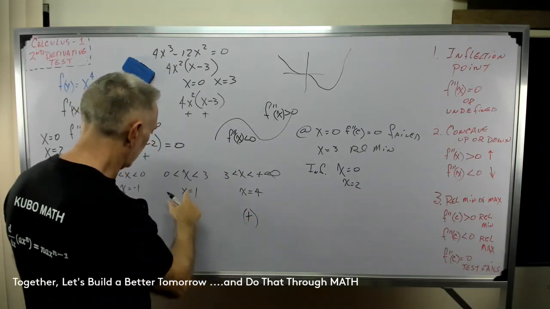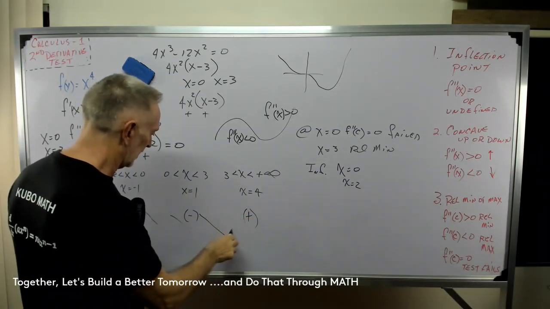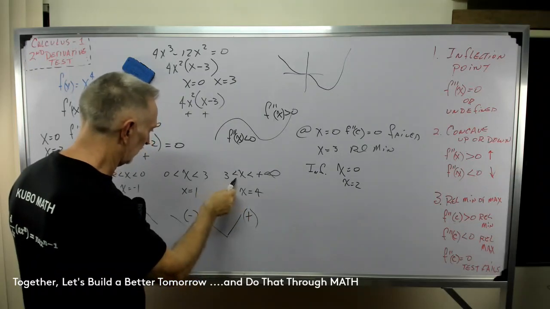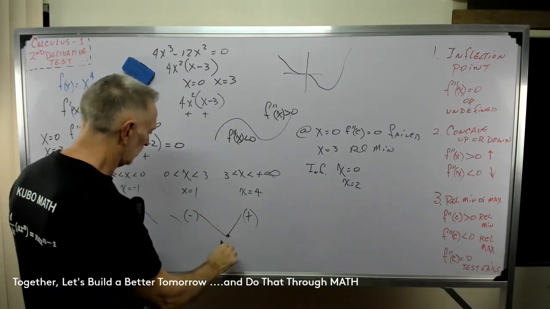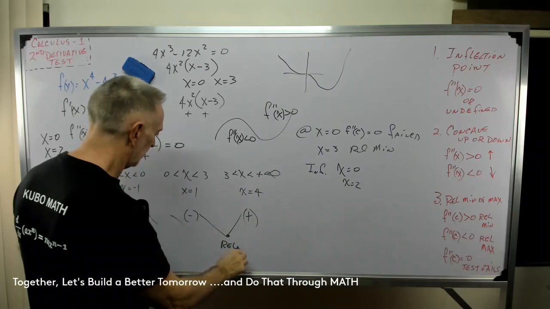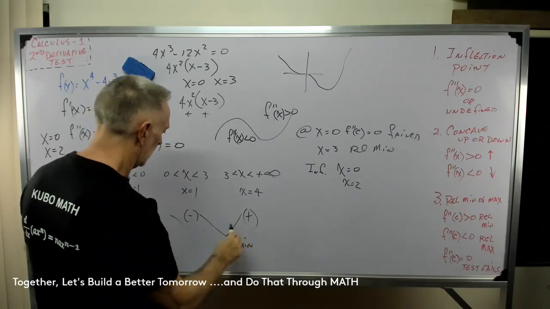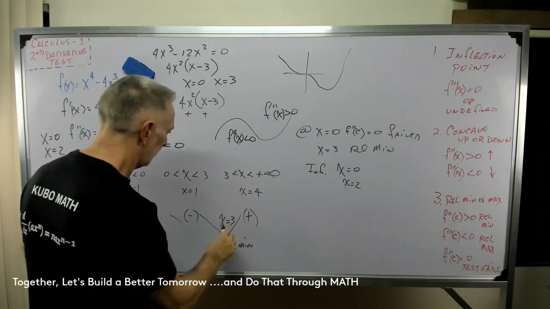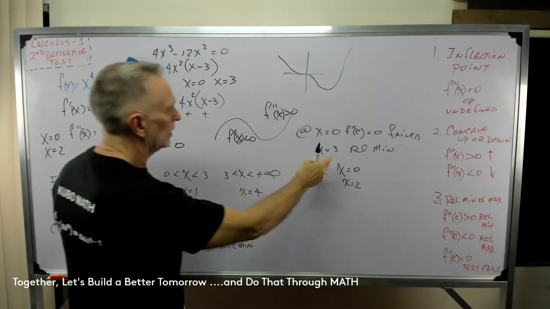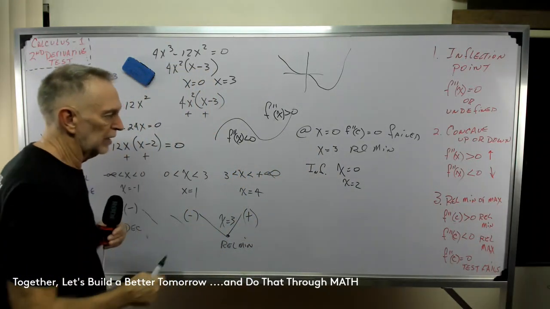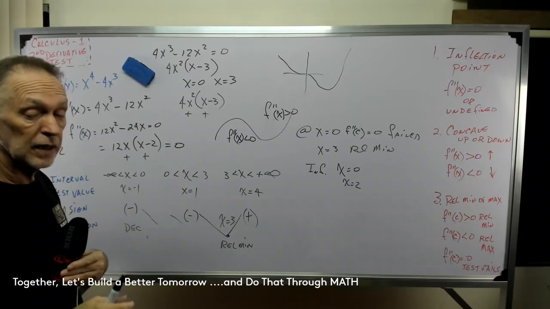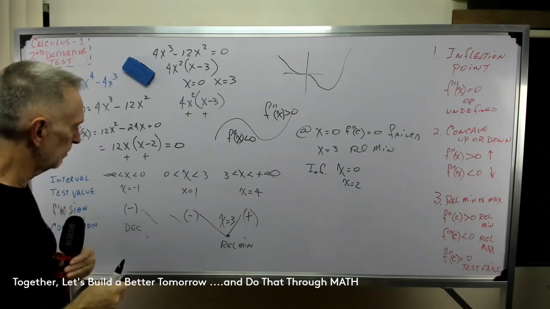So what does that mean? I was decreasing on this side. I'm increasing on that side of 3. Wow, that's a relative minimum at x equal 3, which is exactly what we had when we looked at the second derivative test.